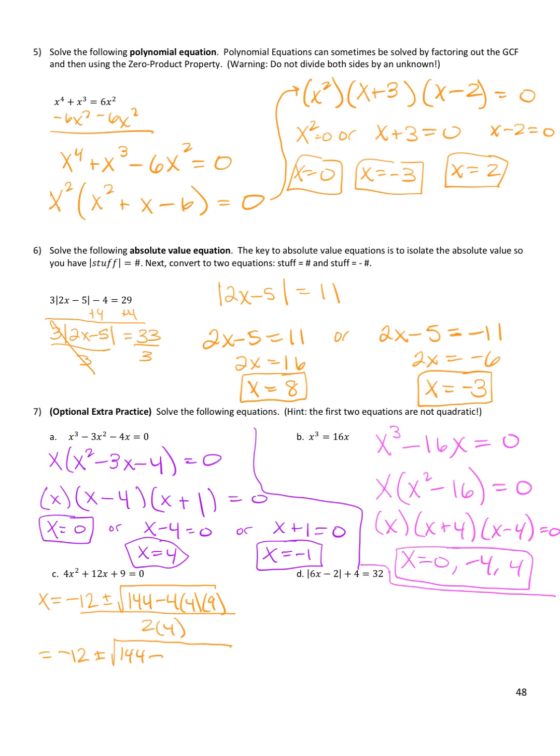Pop that in a calculator if you don't know, and it is 144, all over 8. And then 144 minus 144 is 0. The square root of 0 is 0. So this is just -12 over 8, which would reduce to, divide top and bottom by 4, -3 over 2.